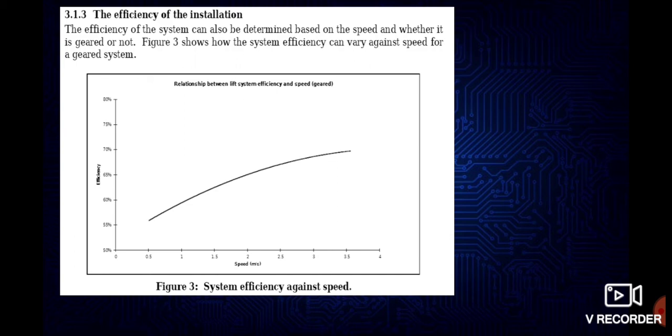For a speed of 0.5 meter per second, the efficiency starts from 55%, and for a speed of 3.5 meter per second, the value is almost 70% efficiency. So this is the efficiency of installation for an elevator.